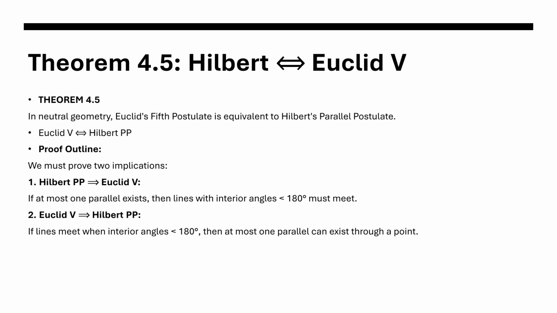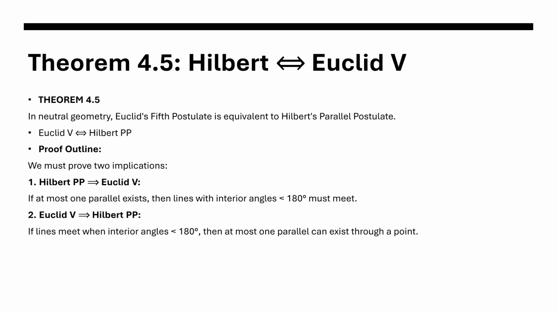Our strategy for this proof is to suppose interior angles sum to 180 degrees. Then if the lines don't meet, they're parallel. But if we can construct another line through P parallel to L using angle properties, this gives two parallel lines, contradicting Hilbert's parallel postulate. So therefore, lines must meet.